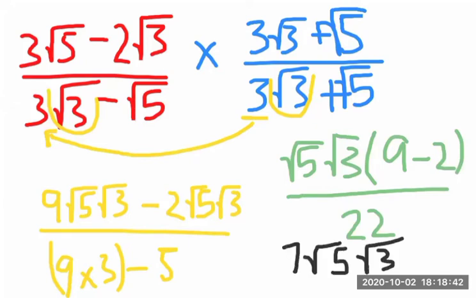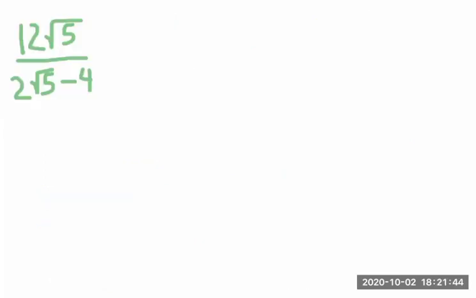Then the denominator becomes 22. Since we cannot simplify this value further, we'll let it stay like this. So our answer is 7 times under root 5 times under root 3, the whole divided by 22. So first we'll rationalize the denominator and we'll change the sign.